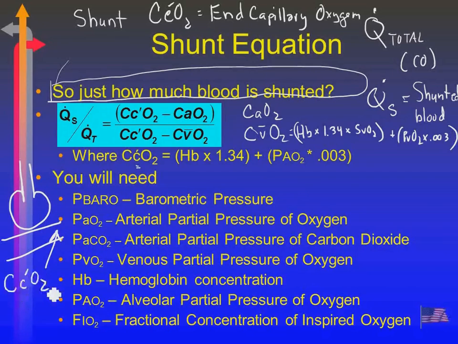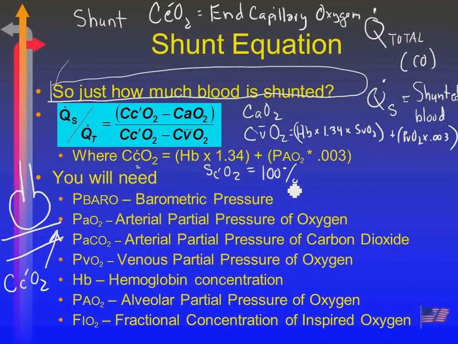What's the oxygen content of the blood immediately after it passes by a functional alveoli? Well, calculating the content is exactly the same way, except we're going to make the assumption that the saturation of that blood is perfect.